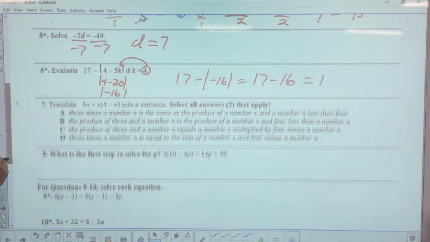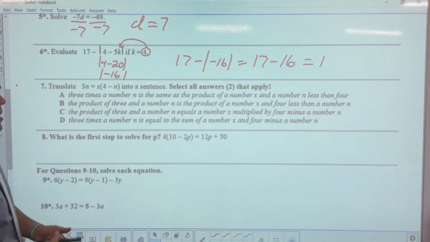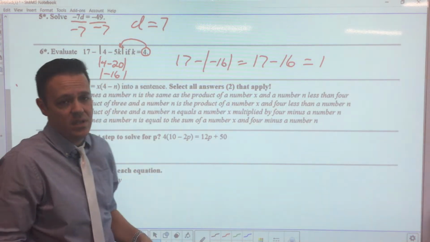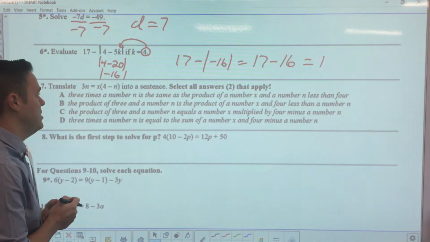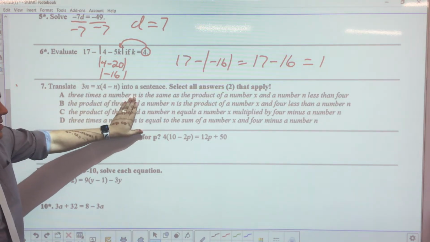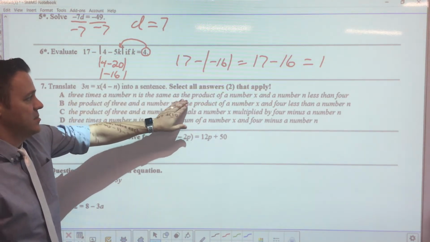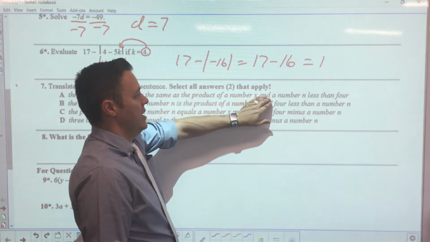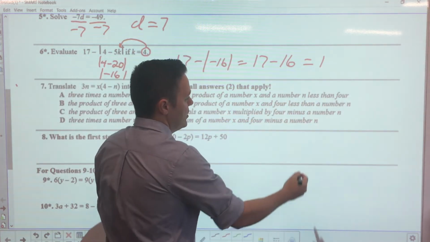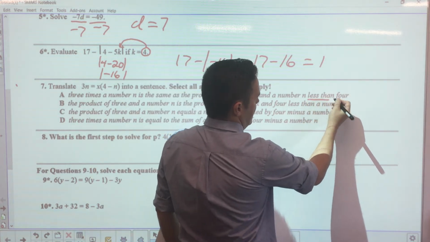All right, number 7. Remember the one rule about, so there's going to be 2 answers to the number 7. You want to make sure you select all that apply. So let's start. 3 times the number n is the same as the product of a number x and a number n less than 4. If you guys remember what we talked about with less than, okay?